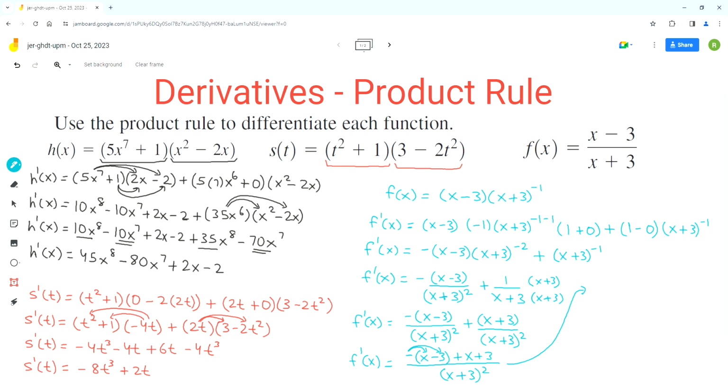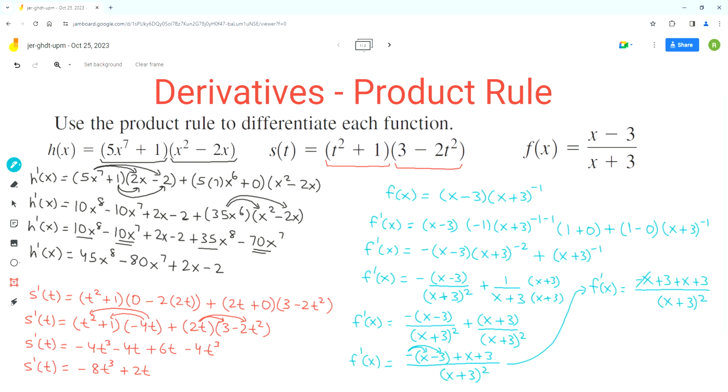So we get f prime of x equals negative x plus 3 plus x plus 3 over x plus 3 squared. Now we can combine like terms in the numerator.